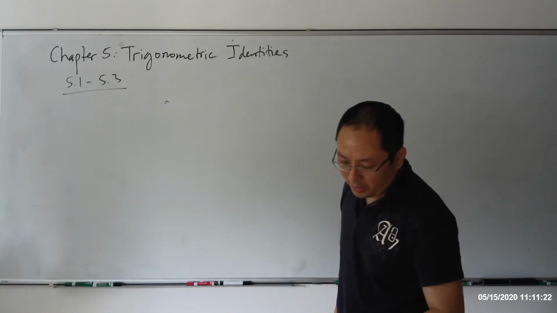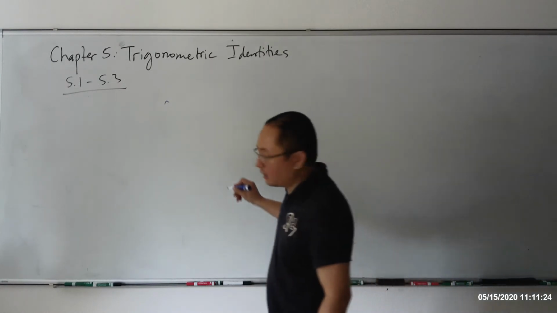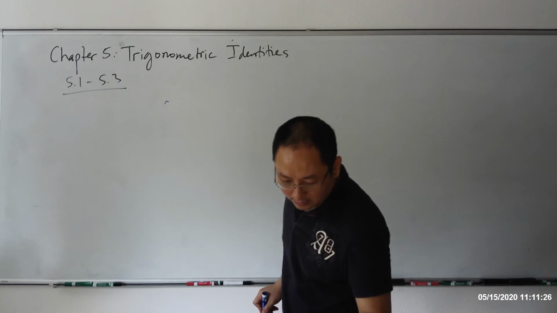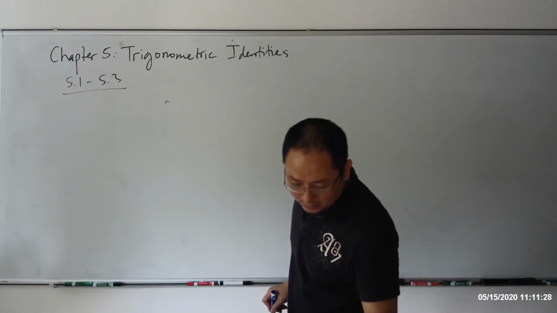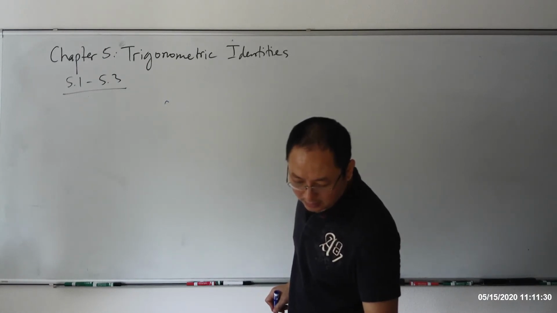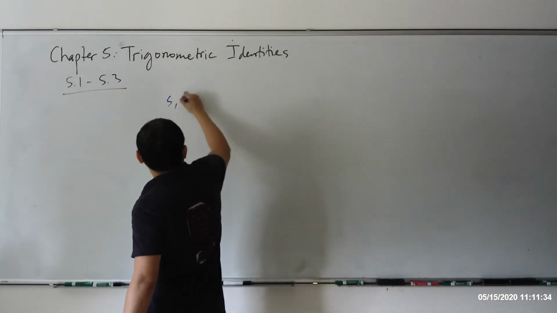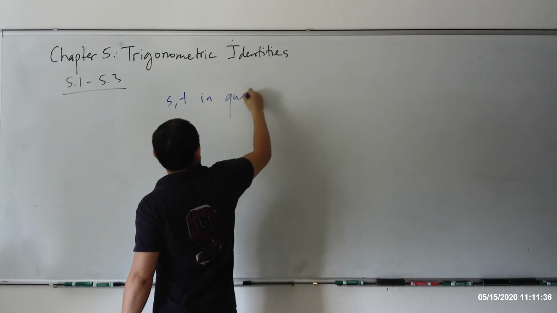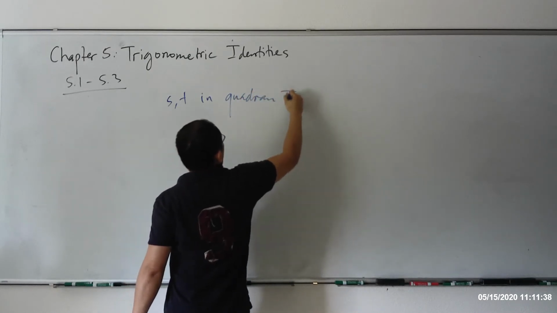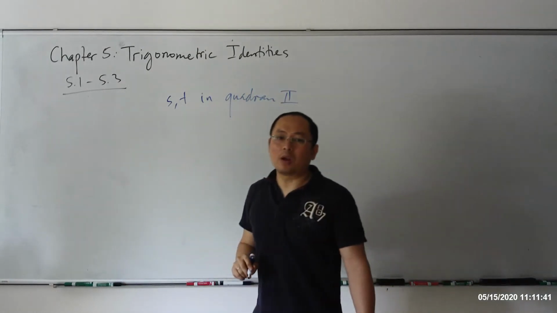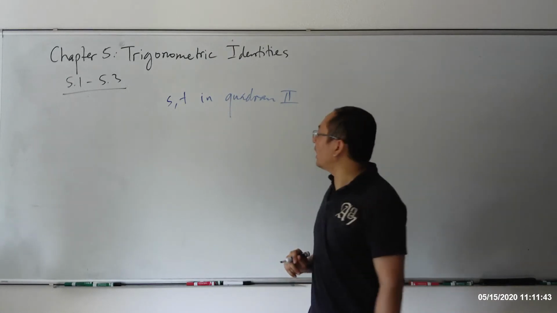They're gonna give you two angles S and T. They give you, let me see, S and T is in quadrant number 2. Okay? Means what? The angle is somewhere between 90 to 180 degrees.